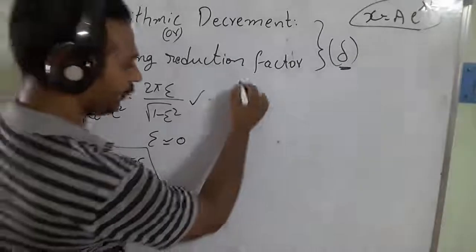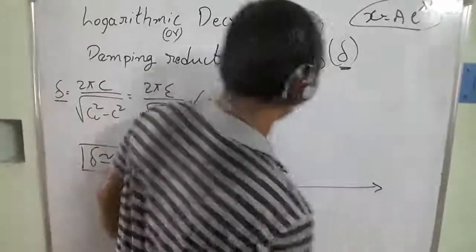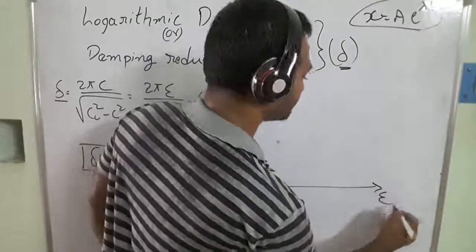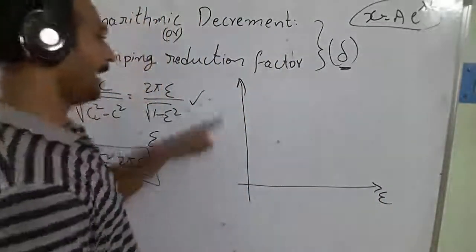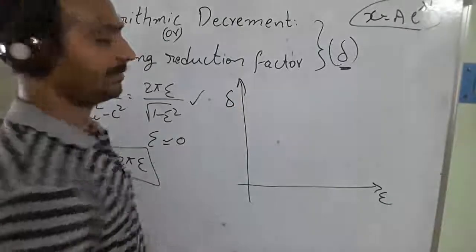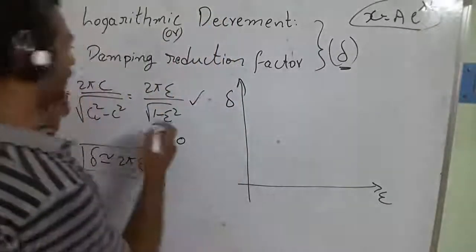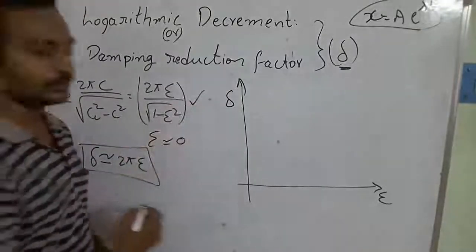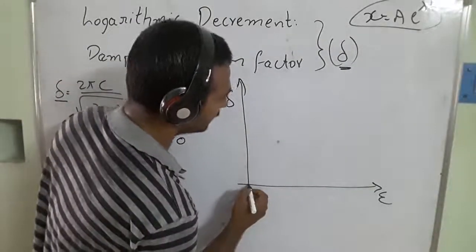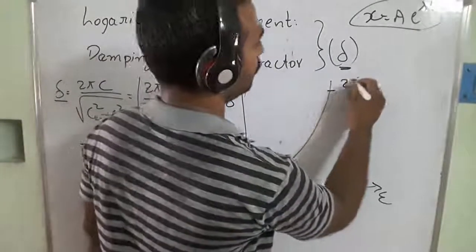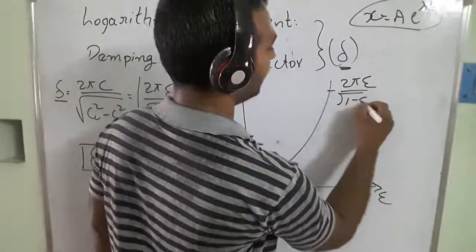If I draw the diagram of this one, I am going to write here epsilon, which is the damping ratio, and here the logarithmic decrement. So what will happen when the system starts to vibrate? When we consider this equation, the curve or the behavior of that system is going to be like this. So this is going to be 2 pi epsilon by square root of 1 minus zeta square.